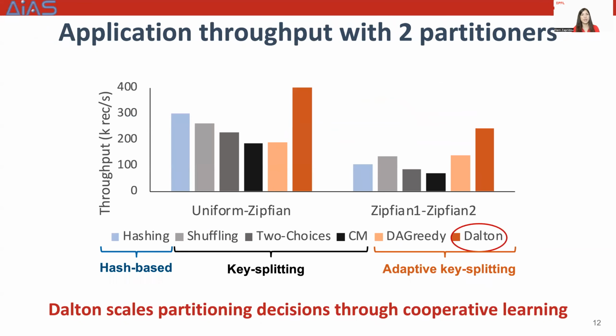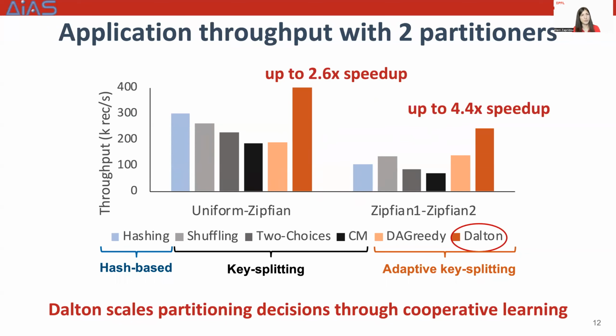Finally, we compare the performance of all algorithms when we use two sources and two partitioners. In the first set of bar plots, we are using a source that is producing data from a uniform distribution and another source that is producing data from a Zipfian distribution. In the second set of bar plots, both sources produce data in a Zipfian distribution, but we're using a different set of hot keys for every distribution.